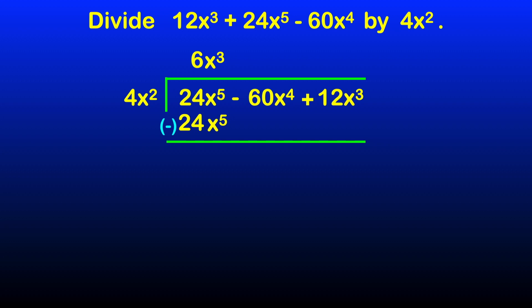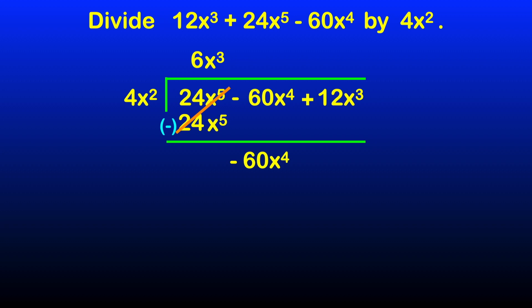So, this is 24 plus negative 24, or 24 minus 24. So, 24x to the 5th power minus 24x to the 5th power is 0. So, ika-cancel na lang natin siya kasi 0 naman. And then, i-bring down natin si negative 60x to the 4th power.